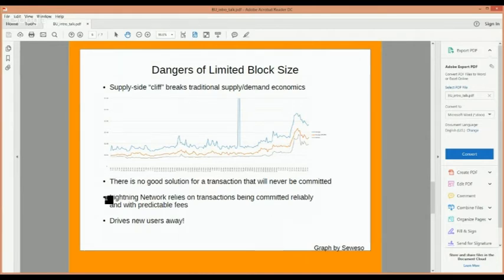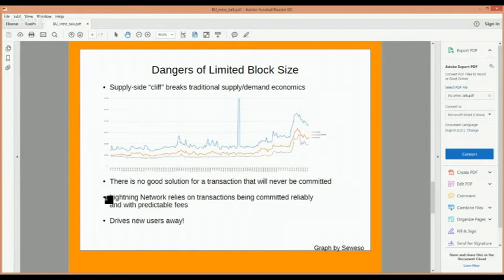The problem is that it all works great unless, when you go to finally commit that final transaction a month later, the fees you need to pay to get into the blockchain are much higher, so that transaction will never commit. Well, then the whole Lightning Network, the whole channel breaks down, right?